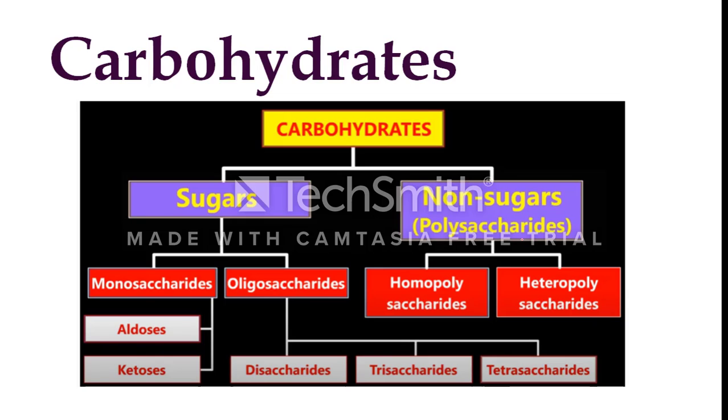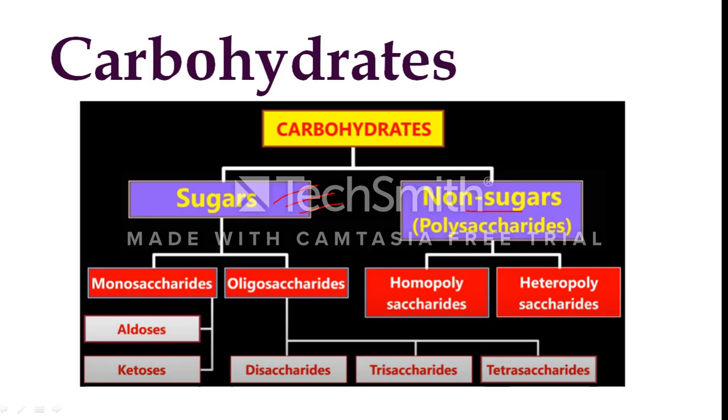Sugars are the carbohydrates which are sweet in taste, crystalline and soluble in water. The other group is non-sugars. As the name suggests, they are not sweet in taste and they are insoluble in water.